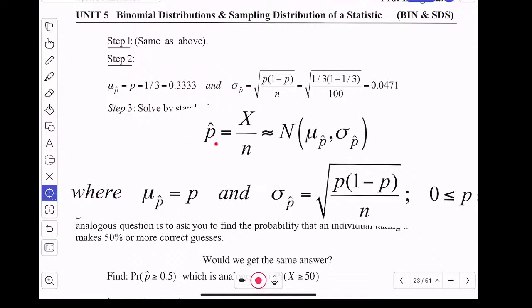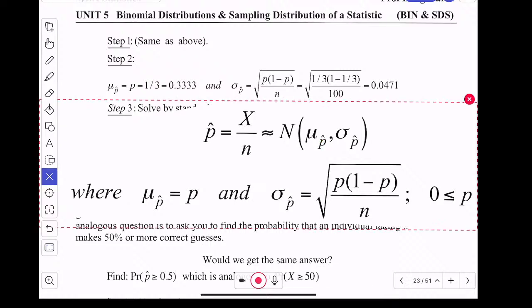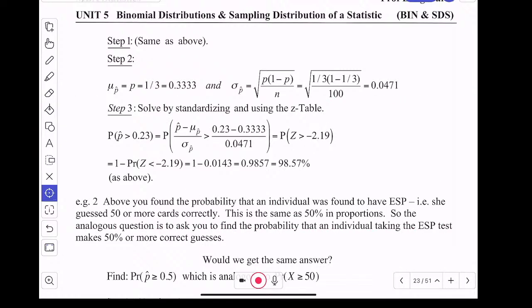Where the sample proportion is just x over n, it will be approximately normal with a mean of p. So p was 1/3, so the mean is just p. And the standard deviation is the square root of p times 1 minus p over n. So that's this. Now I have the mean and the standard deviation. To solve the problem, I standardize, and I get the same answer as I did before.